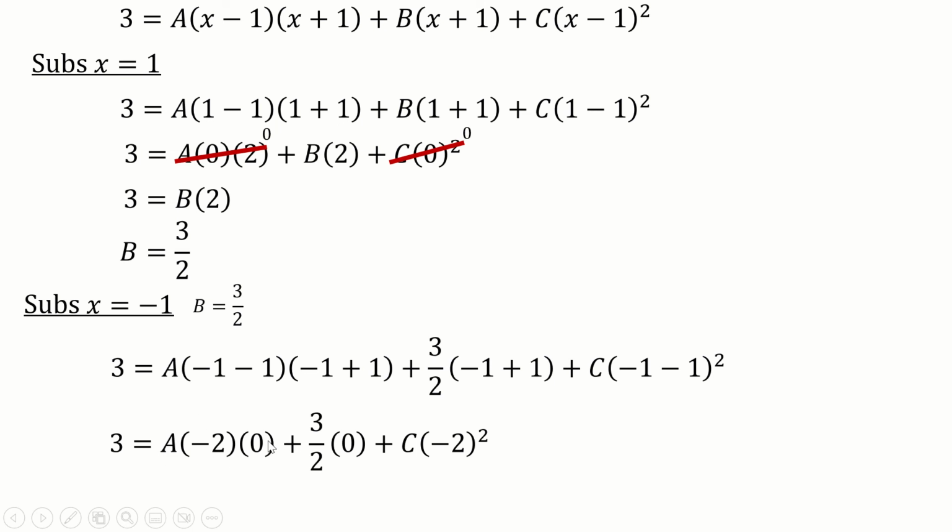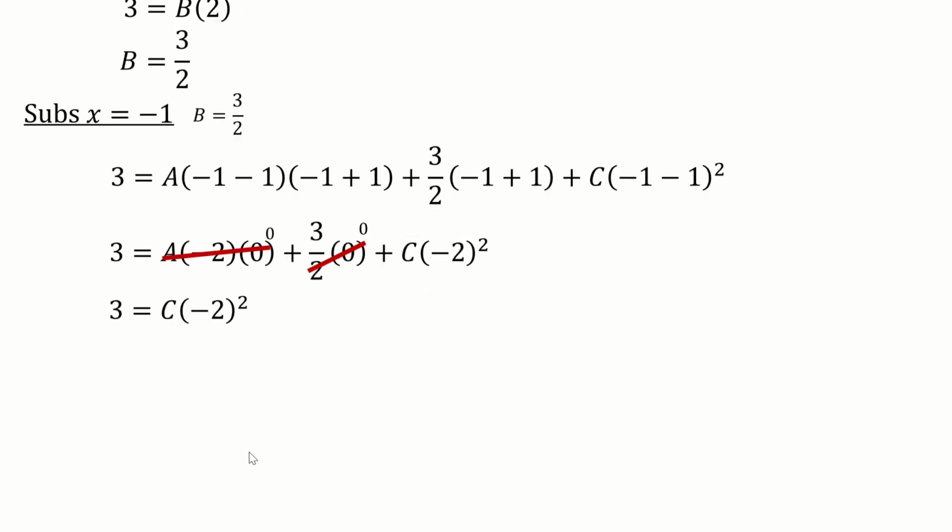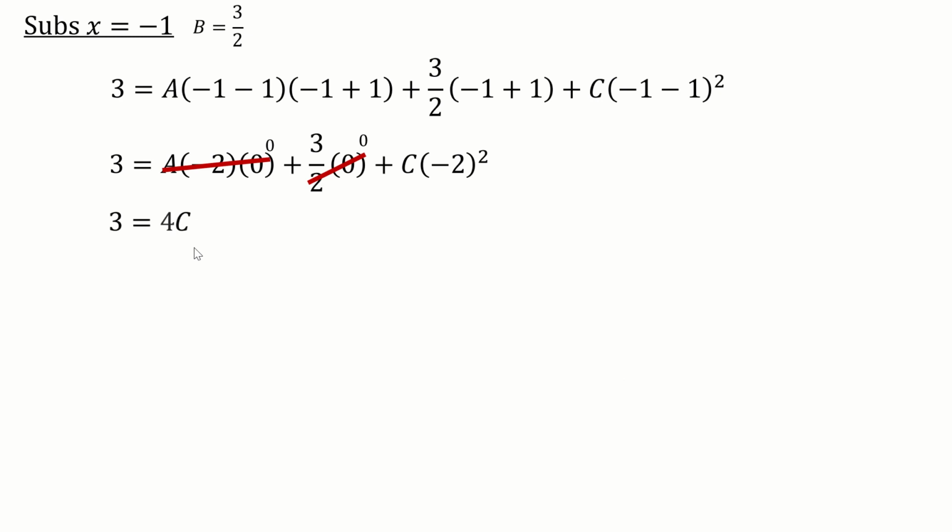A times negative 2 times 0 is 0, and 3 over 2 times 0 also becomes 0. So what is left is 3 equals C times negative 2 squared. Negative 2 squared is 4, so we have 3 equals 4C. So C equals 3 over 4. So we get the value of C.